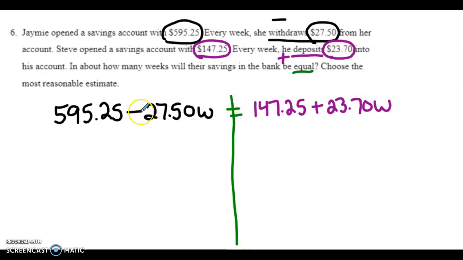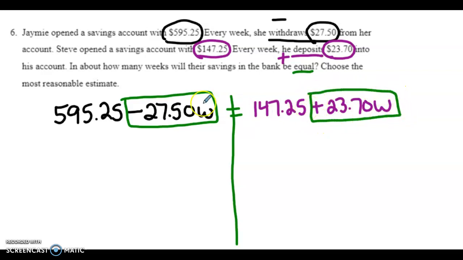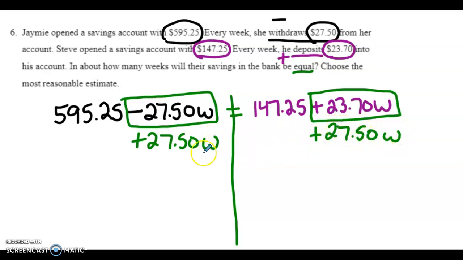So here we go. I'm going to find my W's. They're on opposite sides, so I'm going to need to get rid of one of them by doing an opposite operation. I like to get rid of my smallest one, so I'm going to get rid of negative $27.50 W by doing the opposite, or adding $27.50 W to each side. Over here, those would cancel.